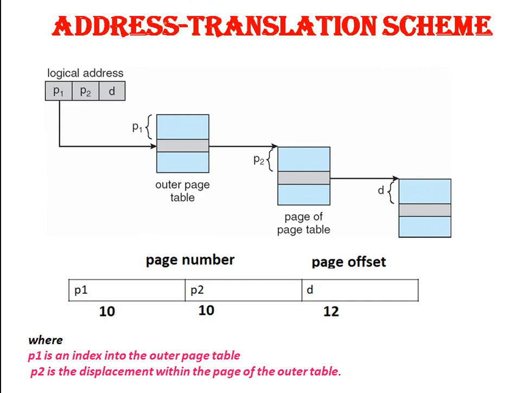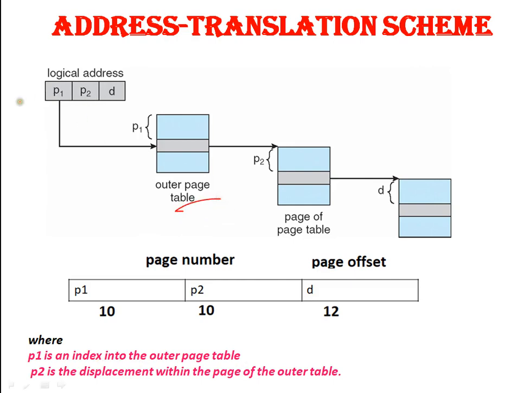Till now we have seen the logical address L equal to P comma D, that is, page number comma displacement. Here you will have P1 comma P2 comma D. P1 is an index into the outer page table, that is your first table.